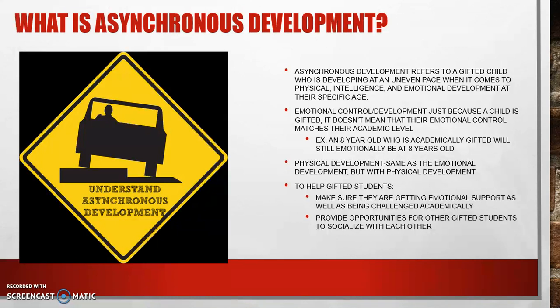Just because a child is gifted, it doesn't mean their emotional control will match their academic level. For example, an 8-year-old who is academically gifted will still emotionally be 8 years old.